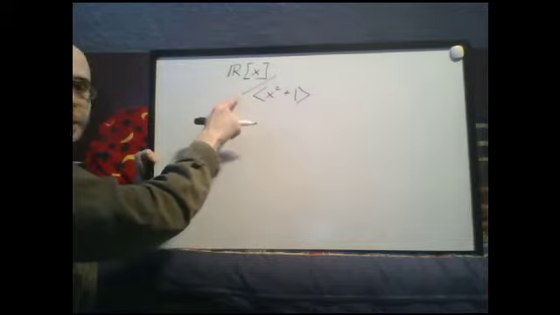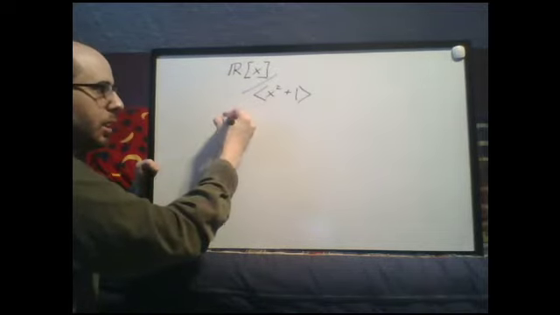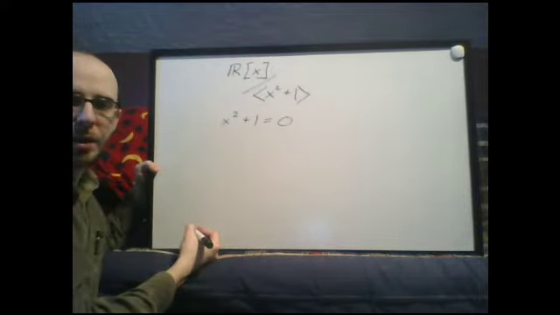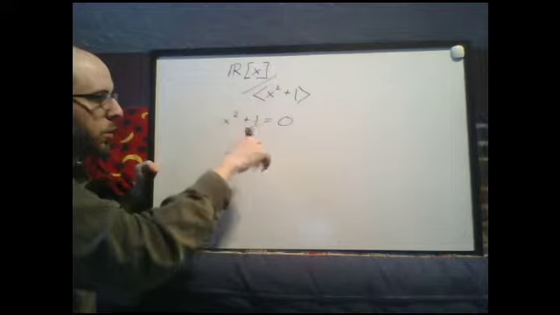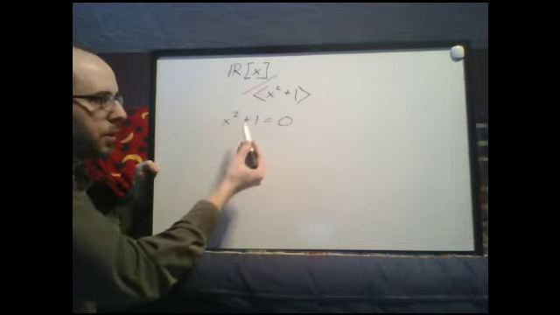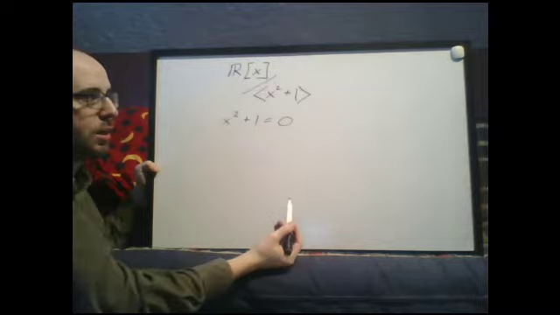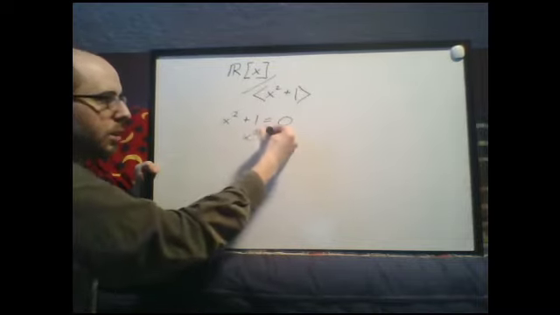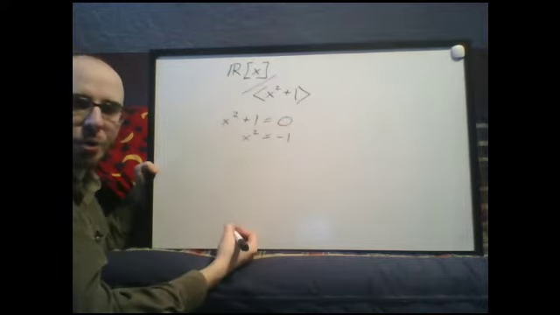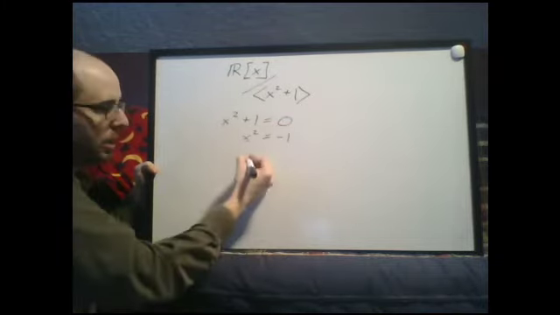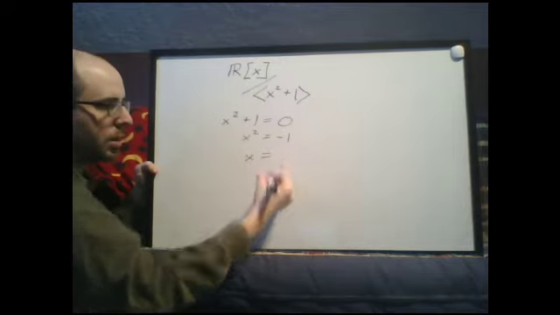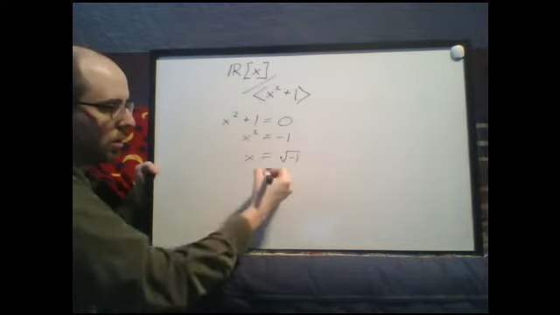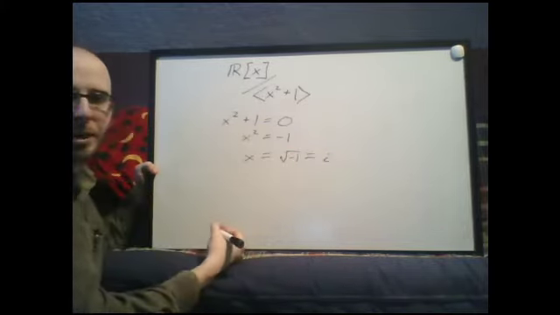So by doing this, I'm saying essentially I want to force x squared plus 1 to equal 0. Well, if x squared plus 1 equals 0, that tells me x squared needs to be equivalent to negative 1. And that tells me that x should be equivalent to the square root of negative 1, which is our imaginary number i.